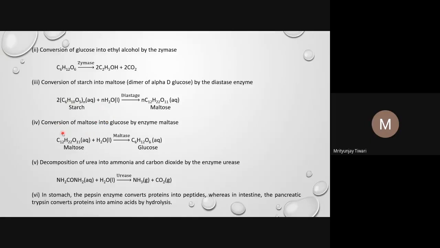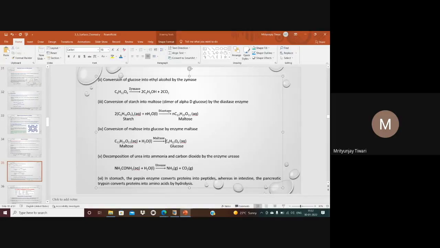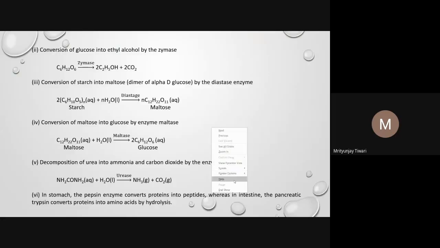Another example of enzyme catalysis is the conversion of maltose into glucose by the enzyme maltase. The maltase enzyme converts this maltose, the disaccharide, into two molecules of glucose, so a balanced chemical reaction should have two here.